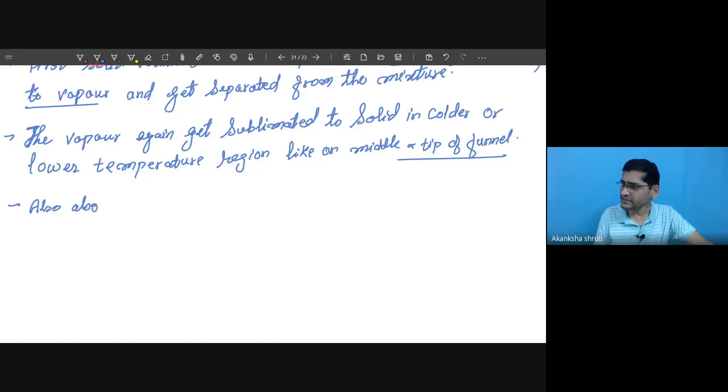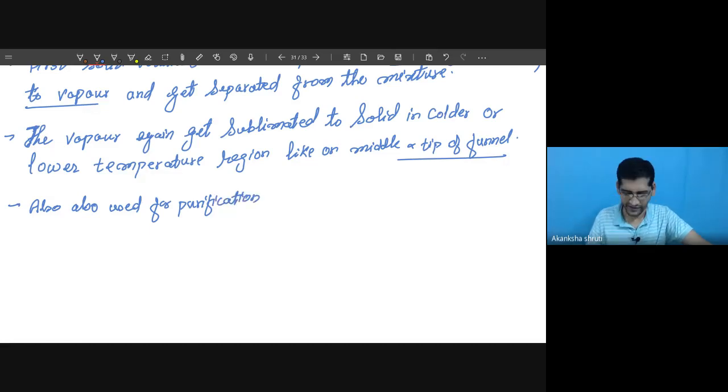Yes, any sublimate, whatever we have listed, the 5 kinds of sublimate or solid: if the mixture contains one of those components and the other component is something other than those 5, then this method can be used. So it is also used for purification.